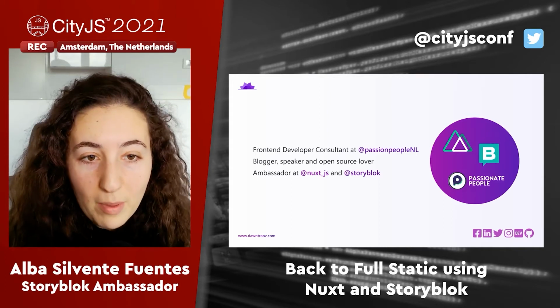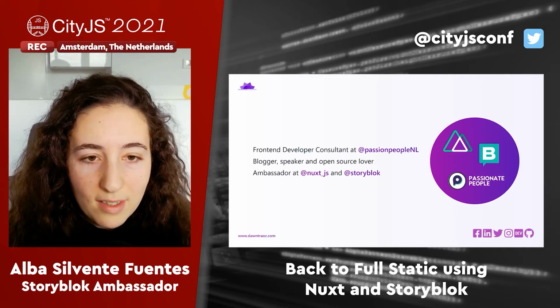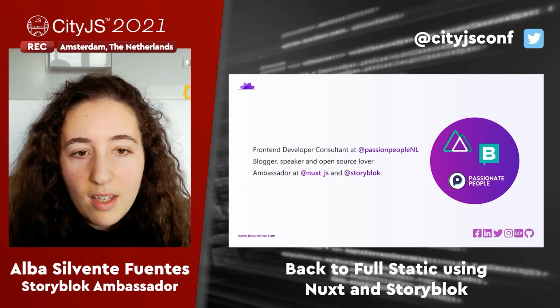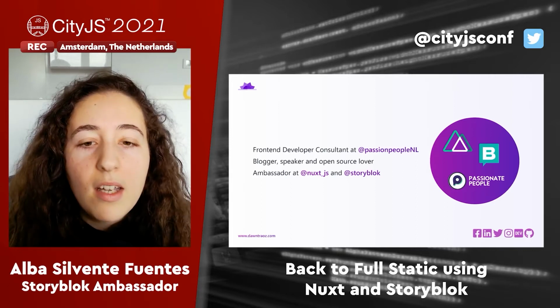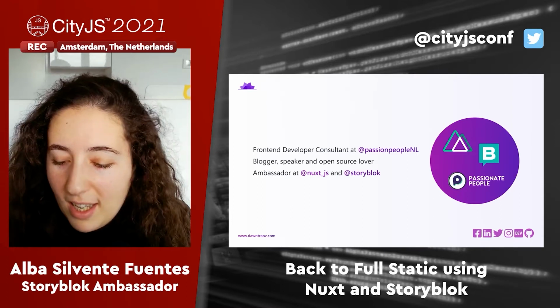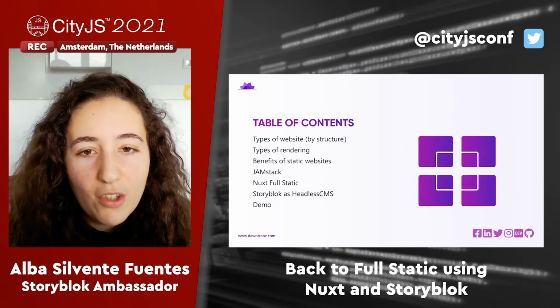Then, in the middle of the pandemic, the past year, the two technologies I used to build my website, Nuxt and Storyblok, asked me to join the ambassador program they have and spread the word with them. So I'm so happy to be there and I hope to do a great job. And now that you know me a little bit, let's start with the presentation.